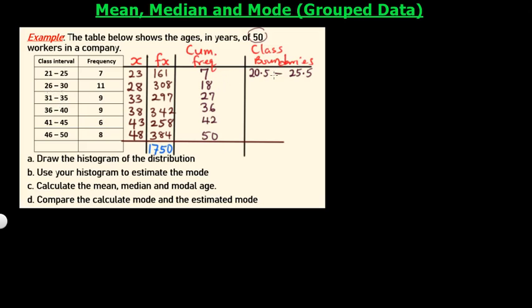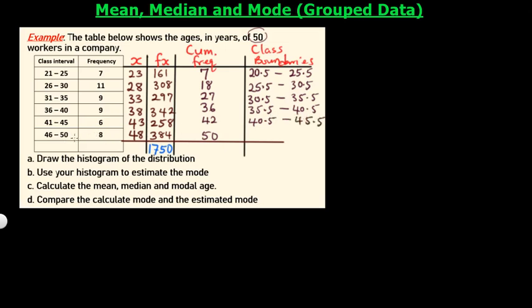Do the same to the following class intervals. So here, remember the last of these starts this. So this is 25.5 to 30.5, then 30.5 to 35.5. So for this class, 35.5 to 40.5. Then for the 41, we have 40.5 to 45.5.